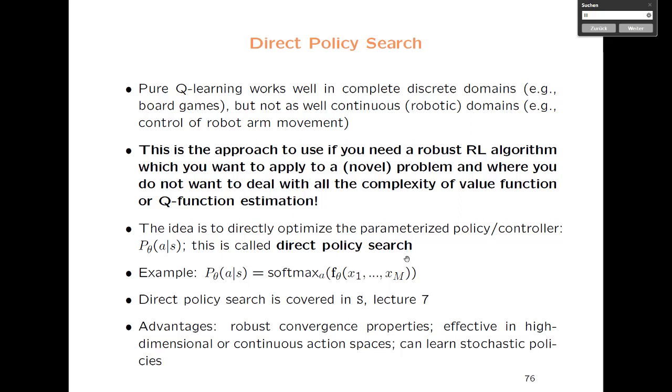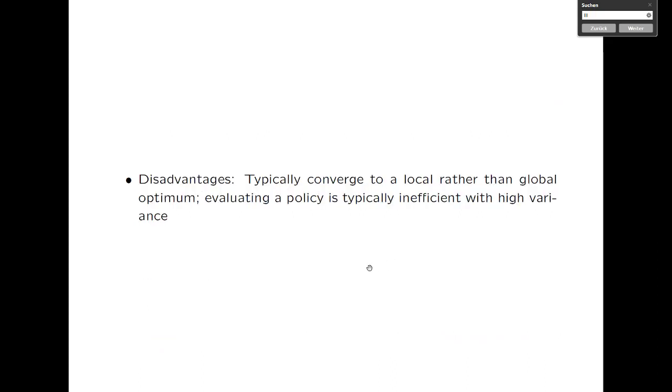In Silver, it's covered in lecture 7. As I said, it has robust convergence properties, is effective in high-dimensional and continuous action spaces, and also can learn stochastic policies. So it really has a lot of advantages. There are also some disadvantages.